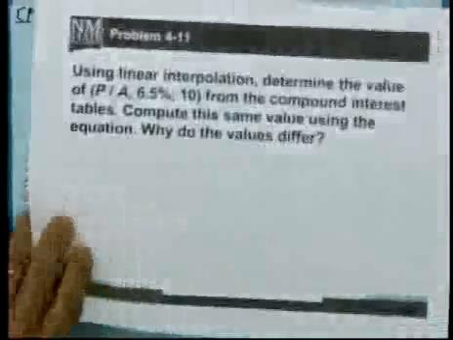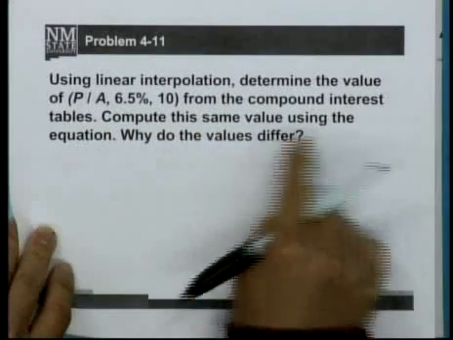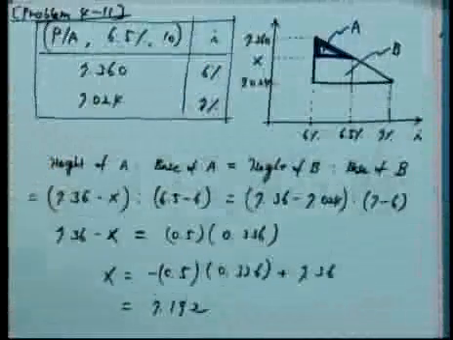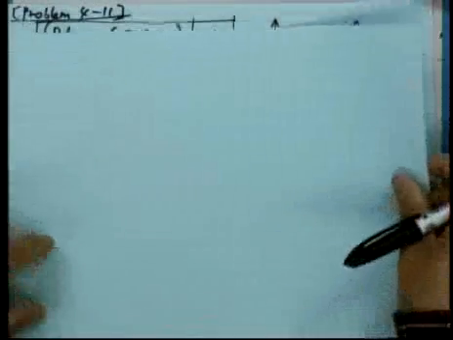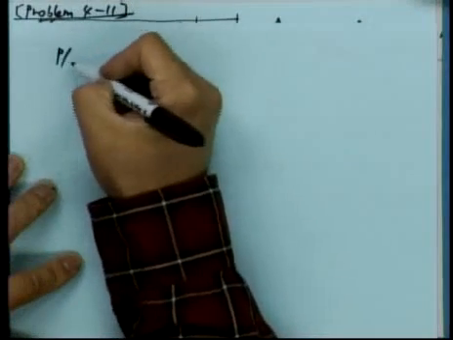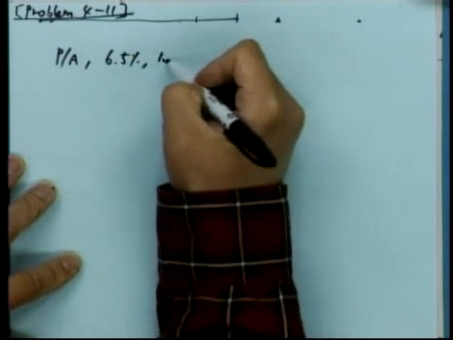And the problem description also asks us to compute the same value using the formula. So what formula do we need? P given A 6.5% over 10 periods.